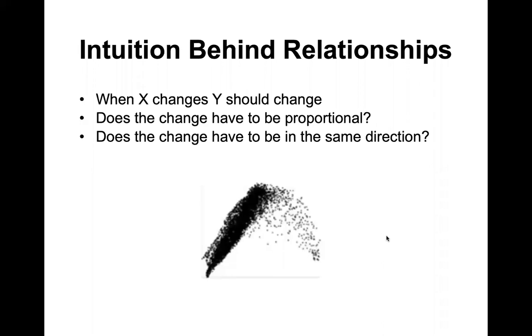So the intuition behind mathematically detecting relationships, or hypothesizing relationships, whether they're direct or indirect, in single cell data, is looking to see how what's on your y-axis changes when your x-axis changes. If you want the change to have a certain form, for example, if the change has to be proportional, then you're looking specifically for a linear relationship.